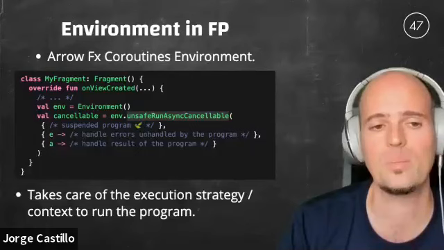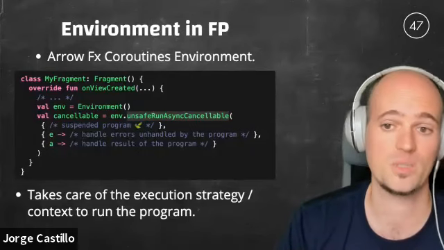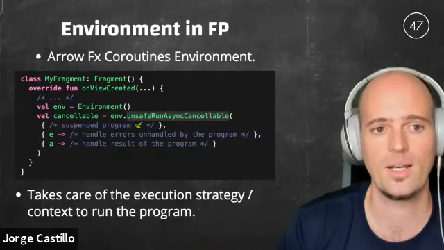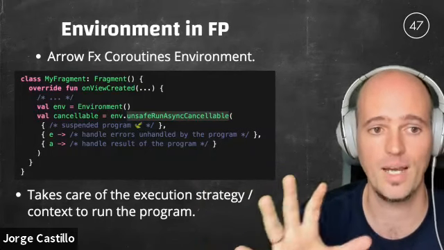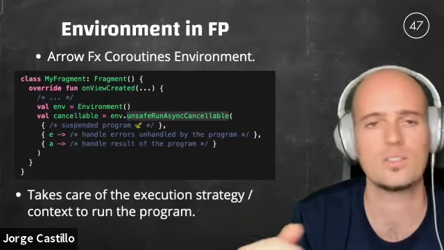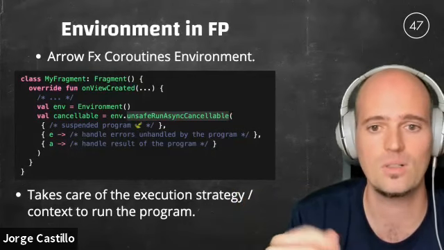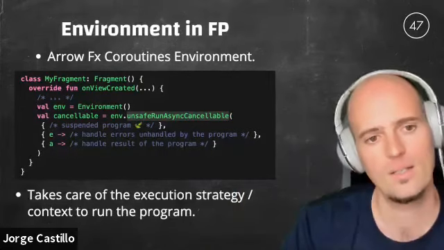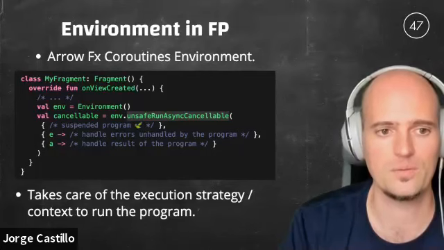So you can keep your declarative in-memory representation of the program, which is your suspended program, which is pure up to now. And then you can run it using different strategies: synchronous, asynchronous, asynchronous and cancelable, and different ones that we will also peek into close to the end of this talk.